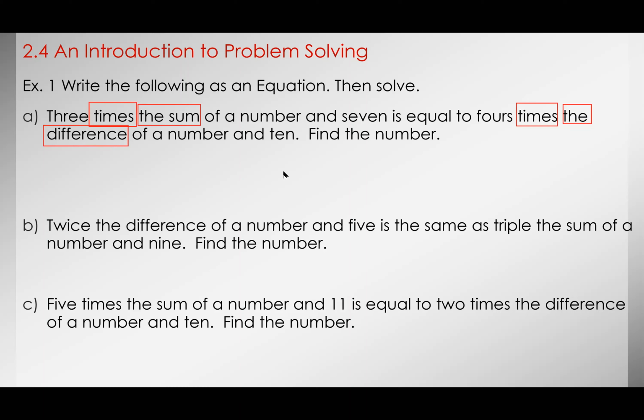If you remember, times is multiplication, the sum is addition, times is multiplication, the difference is subtraction. If you were to translate this literally, we have 3 times the sum. The sum of what, guys? The sum of a number and 7, and everybody see that the number and 7 is inside my parenthesis.